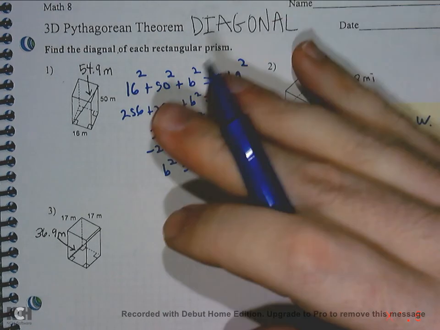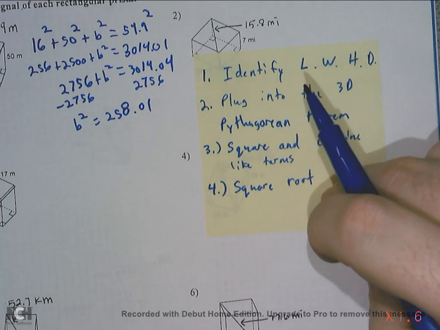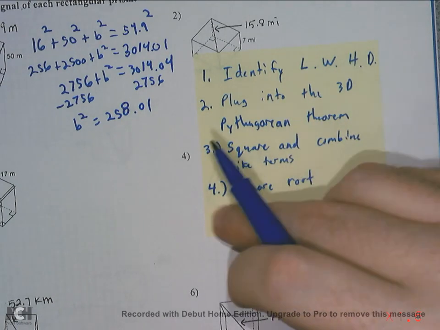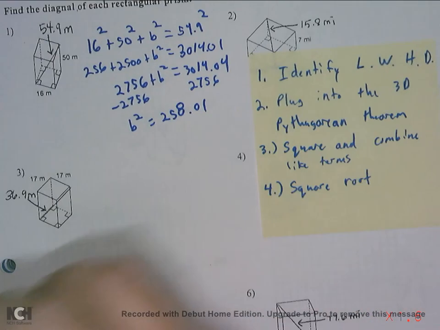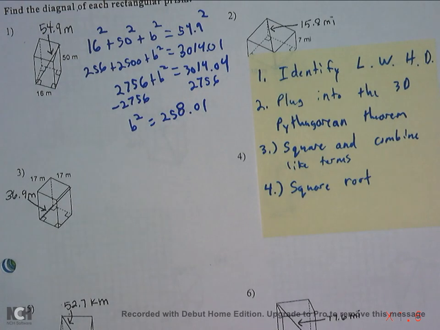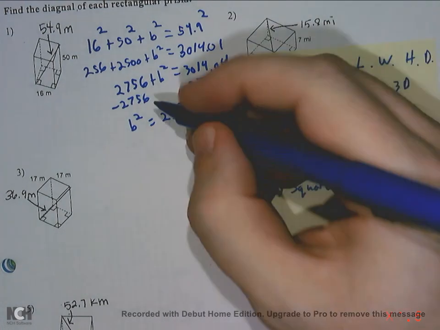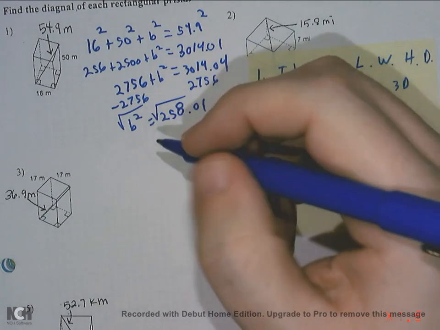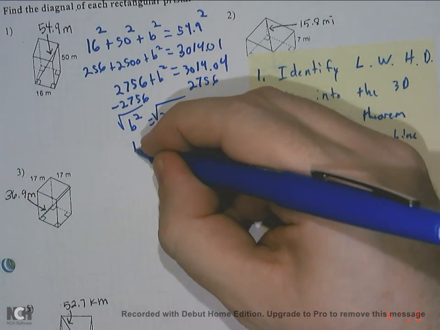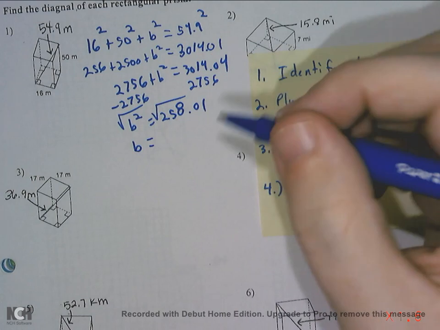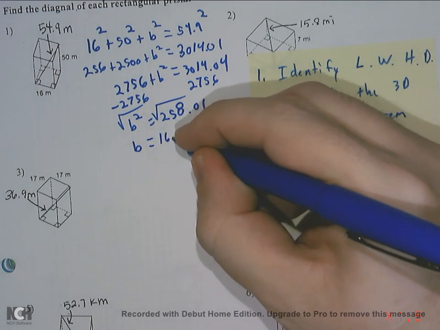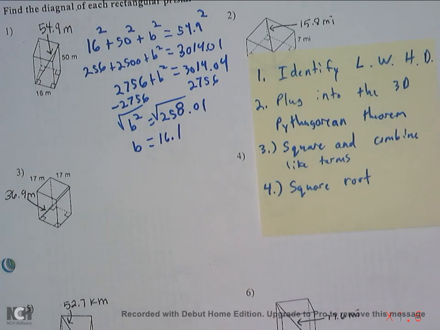Okay. Now I'm still not quite done. The last step, again, is the same as what we did before, is to square root. We have to square root both sides. So square root both sides, and that B should equal 16.1 when you round it.